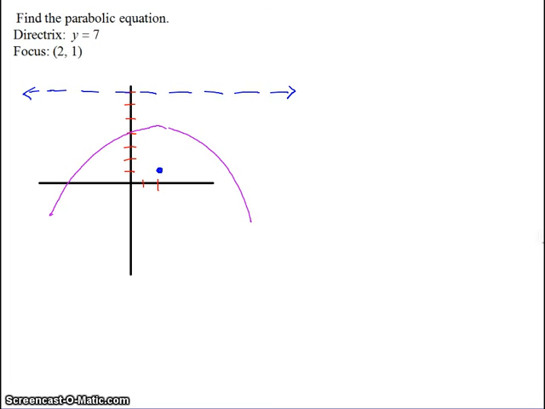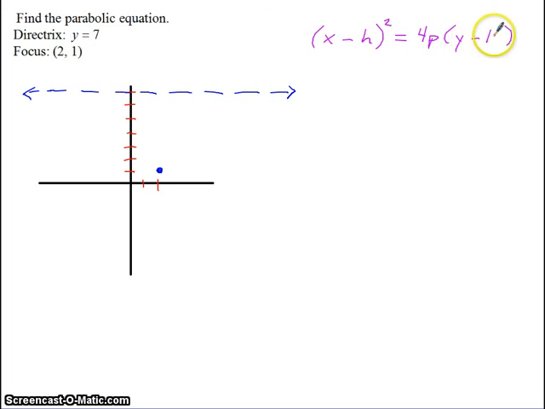So because I have a parabola that's faced downward, I'm dealing with the x squared equation. So I have (x minus h) squared is equal to 4p times (y minus k). And to come up with the equation of this particular parabola, I need the h, k, I need the vertex of the parabola, and I need the p-value.